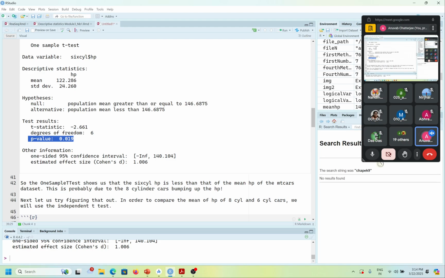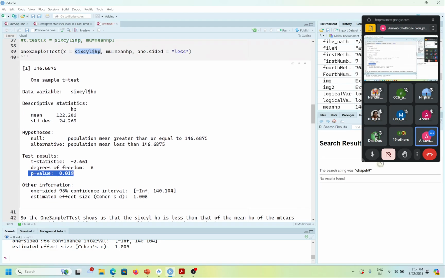So the statistic is significant. So the horsepower of 6-cylinder cars is less than that of the entire population, the mtcars dataset. This is what the test shows us. Is that fine?